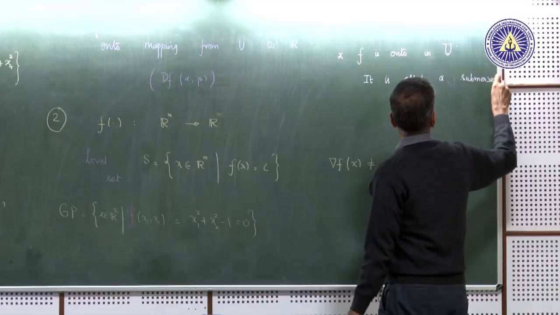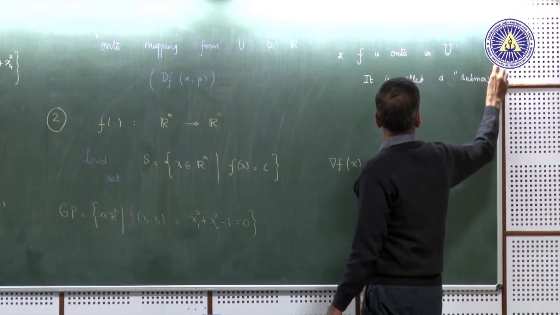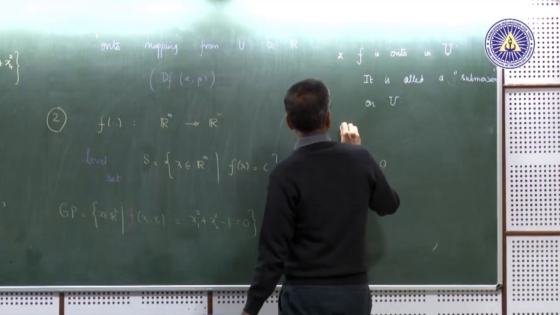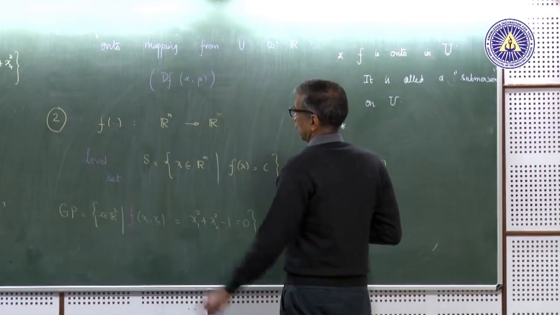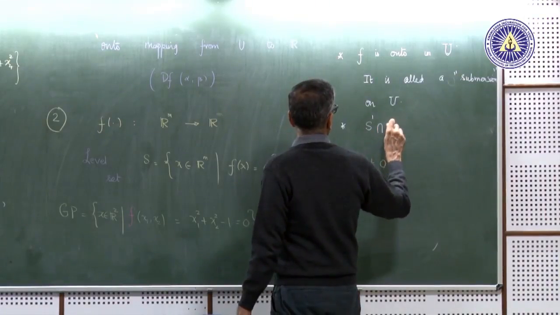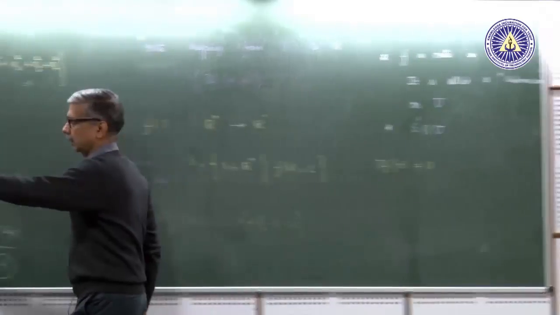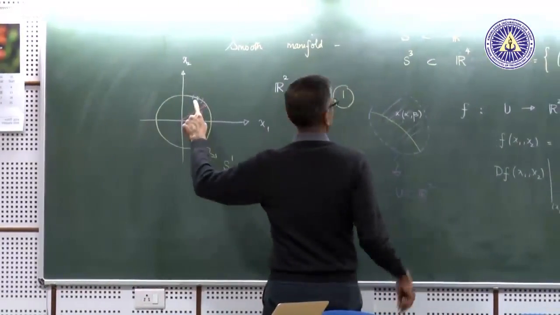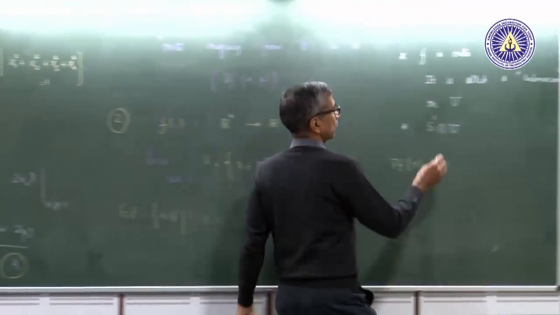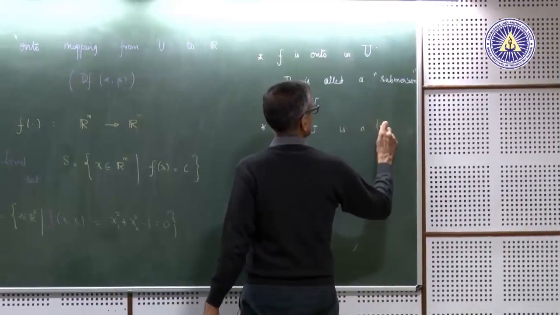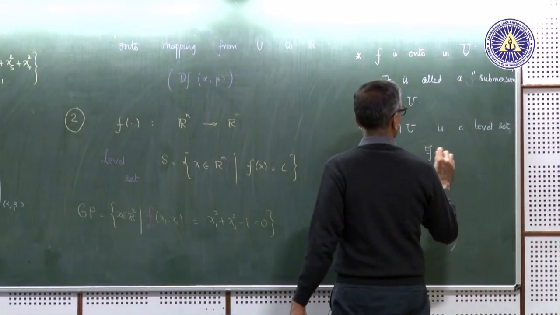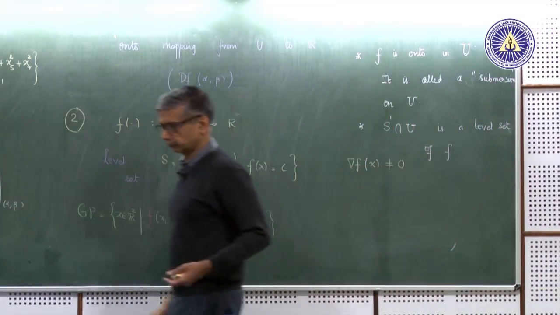This is a new word, submersion on U. And second is S1 intersection U. That is, I take the whole of S1, intersect it with U, I will get this portion of the circle. S1 intersection U is a level set of f.